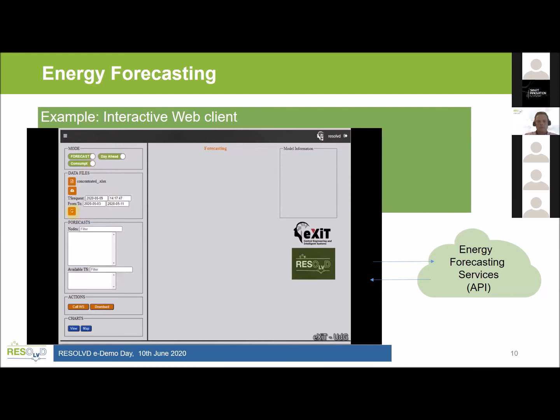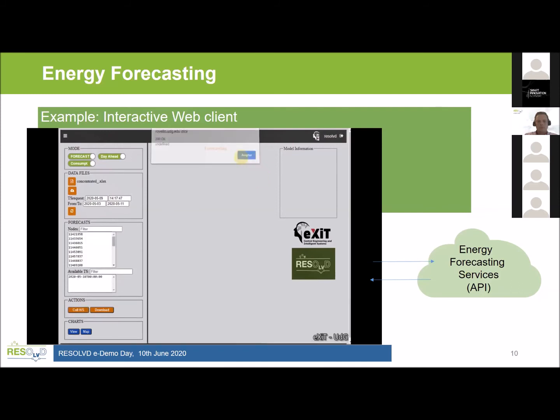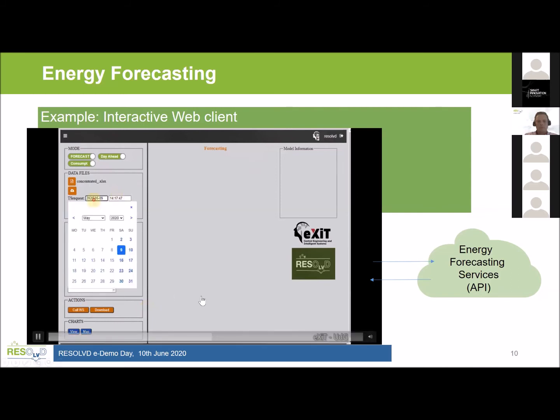We apply for this. Again, we do the conversion because in a real case, we will send new data. And we call the web service for the forecasting. So the forecasting is performed. And now we have here on the left this output for the 9th of May.